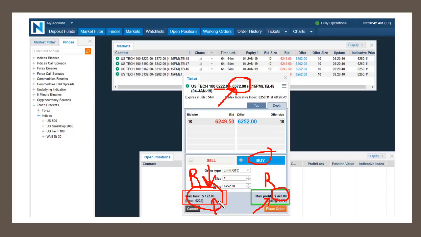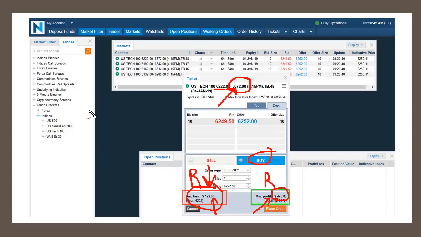On the touch brackets on the US 100, which uses the underlying NASDAQ, you have $1 per point for a contract. In other words, each 25-cent increment is worth a quarter.